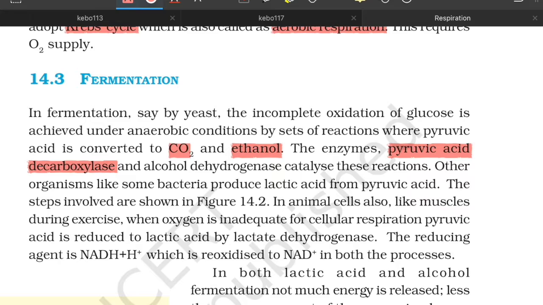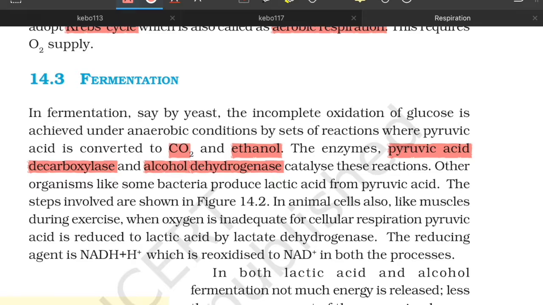You need to remove a carbon, so we have pyruvic acid decarboxylase and alcohol dehydrogenase. We have an acid group and we need an OH group, so we need to dehydrogenate that. Alcohol dehydrogenase catalyzes these reactions. We have to change the group. That's why we have alcohol dehydrogenase.